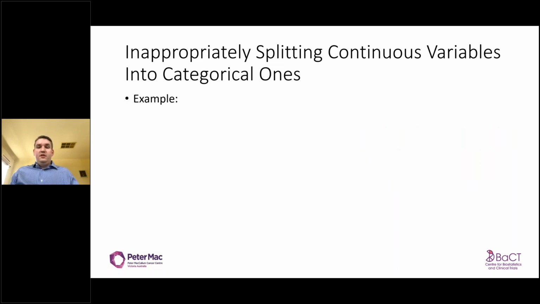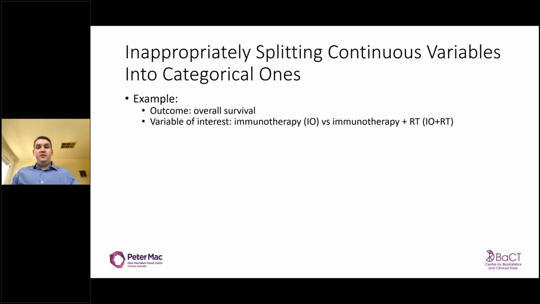Now let's look at one example. Let's suppose that we have overall survival as the outcome, and the variable of interest is comparing immunotherapy with immunotherapy plus radiation. Say that in the model we want to adjust by stage, by age, dichotomized at 65 years old, and ECOG.